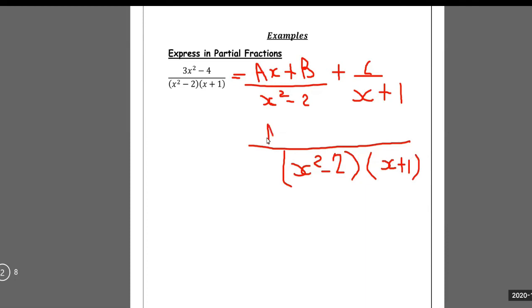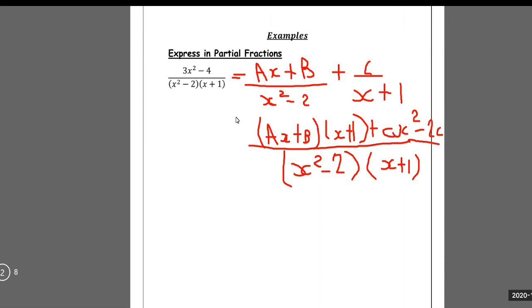And so we get ax plus b times x plus 1, plus, now x plus 1 into this goes x squared minus 2, so we get c times x squared minus 2, which is cx squared minus 2c.